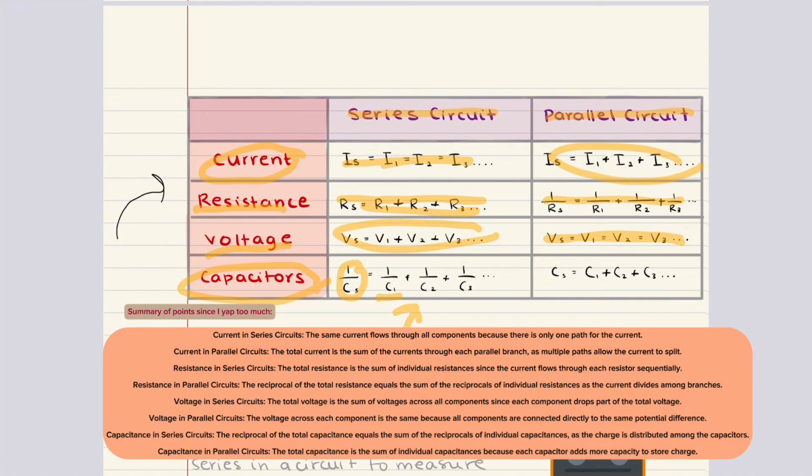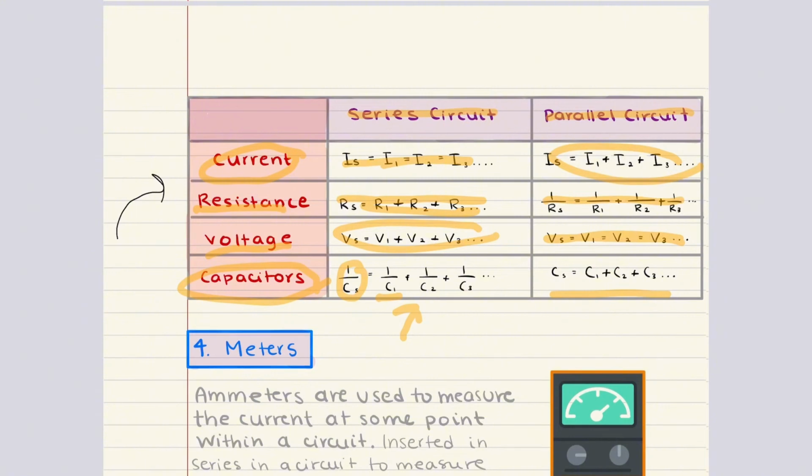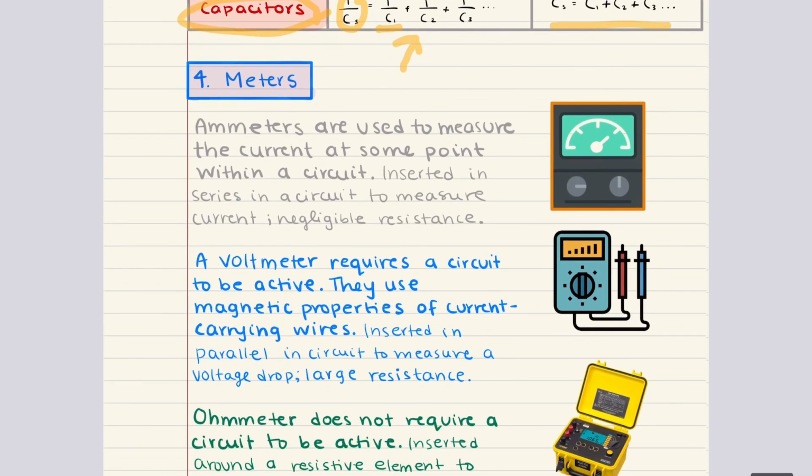So 1 over the total capacitance is equal to 1 over C1 plus 1 over C2, and so on and so forth. But for parallel capacitors, the total capacitance increases as the individual capacitances add up, allowing more charge to be stored. With that, we've reached our final objective, titled meters.